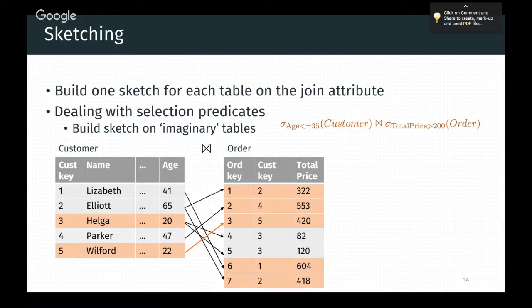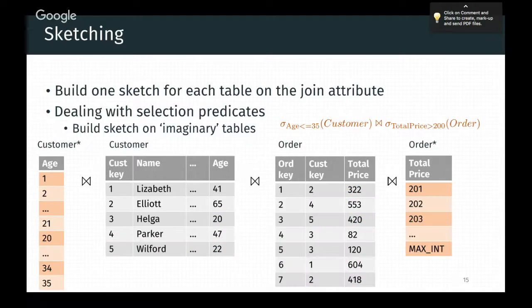So we go back to the former example. When you query customer join order with predicates on both tables, they make imaginary tables according to the predicates given. For age smaller than 35, they make an imaginary table that contains every value that satisfies the condition.